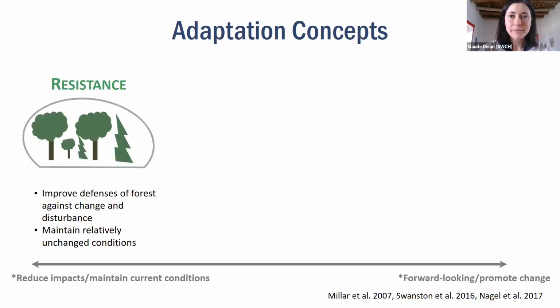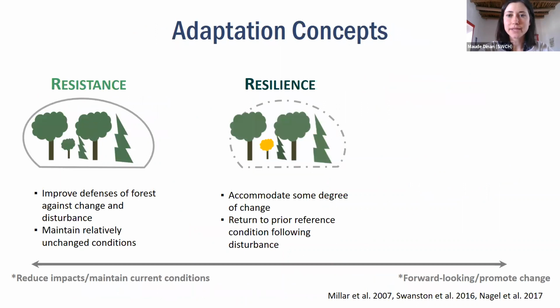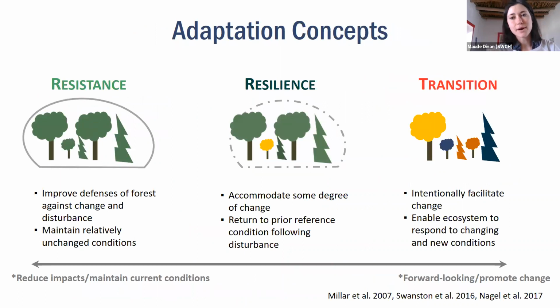When thinking about adaptation, we like to think about these broad adaptation options: resistance, resilience, and transition. So resistance and resilience, they try to foster persistence of the current system, where you are maintaining those conditions and characteristics and trying to reduce impact.